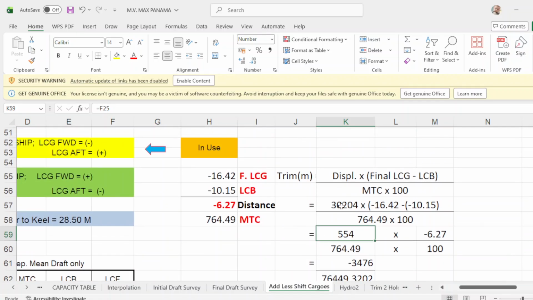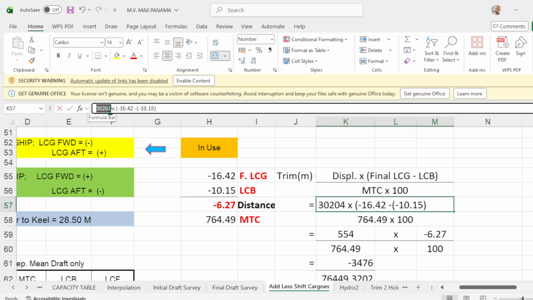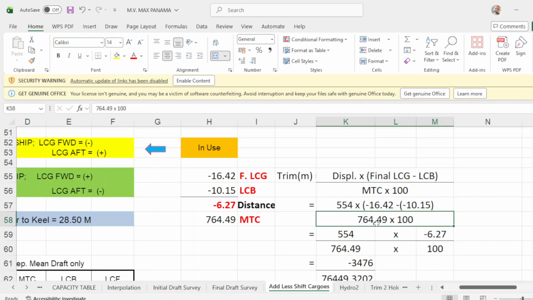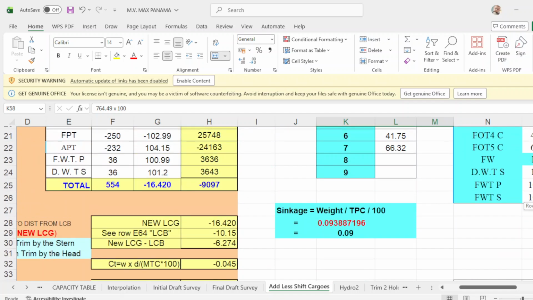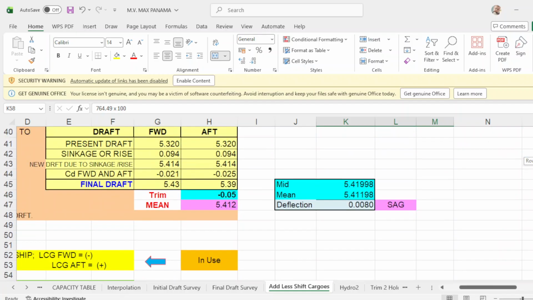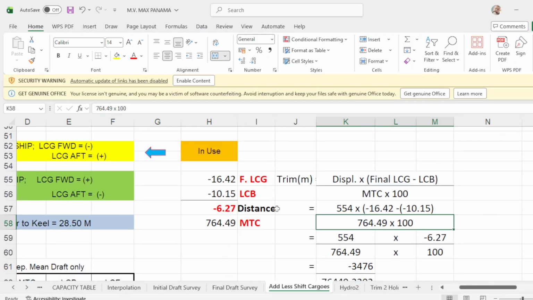I'm sorry, this should be your weight, which is 554, which is this one, guys. Your weight is 554. Okay. I'm sorry, 554. This should be your weight.